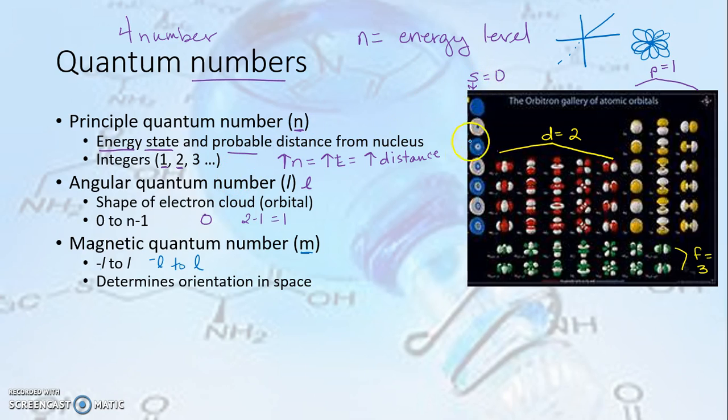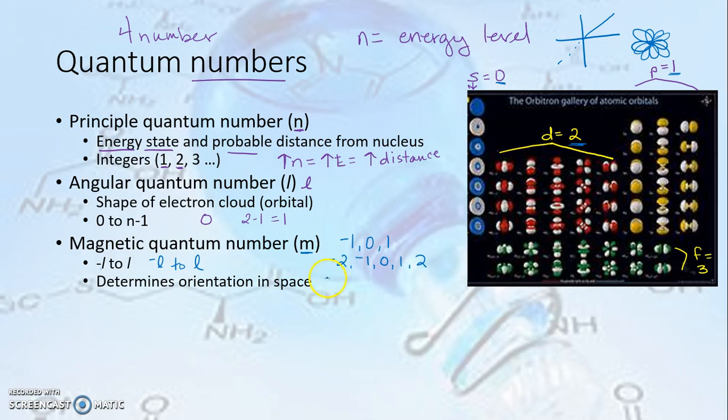So for s, if your value for L is 0, of course your magnetic quantum number will be 0. If your angular momentum number is 1, you could have values from -1, 0, or positive 1. Right? For your d sublevel, since it's a 2, you can have -2, -1, 0, 1, or 2.